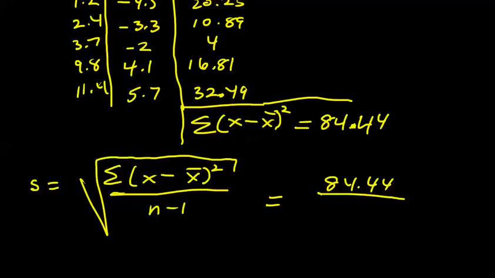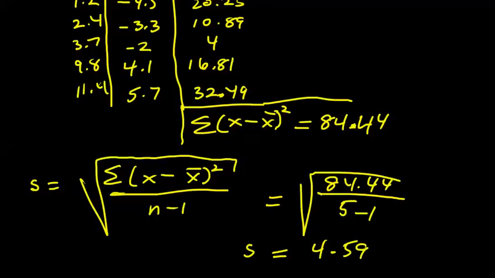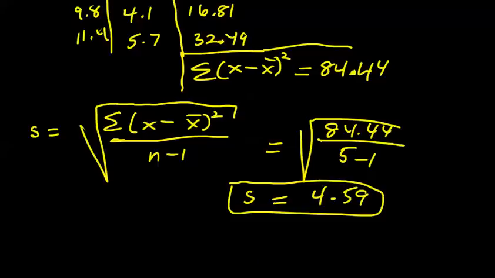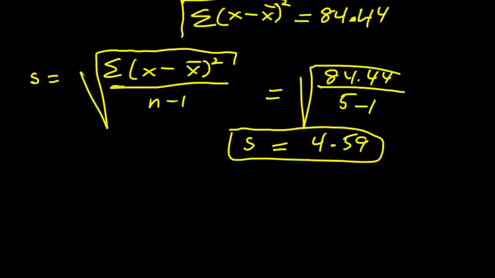So that's 5 minus 1. You've got 5 elements in your data set. So that's 5 minus 1, which is 4. And I want to take the square root of this mess. And if I grind this out on my calculator, I get an approximate standard deviation of 4.59.